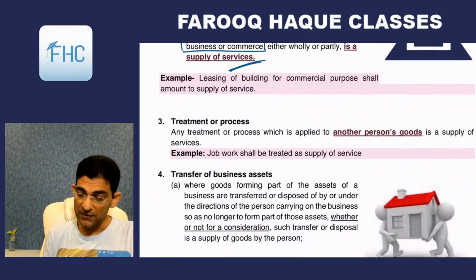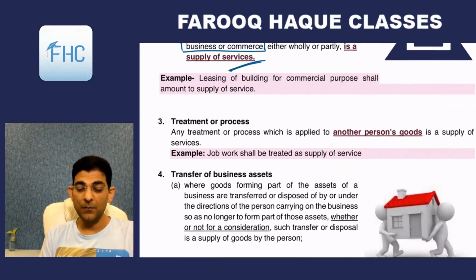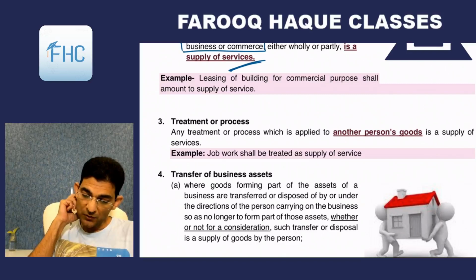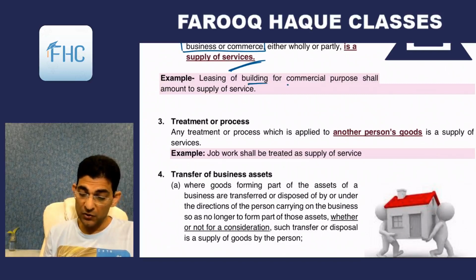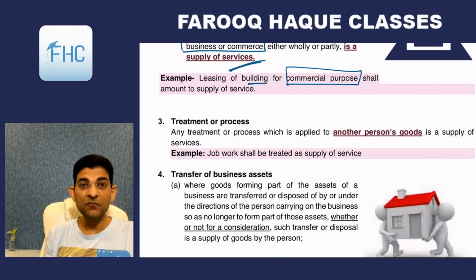So it is not considered as supply. But for business and commerce, yes, it is taxable. So that point you have to remember. So leasing of building for commercial purposes, means the same for business and commerce, shall amount to supply of service.